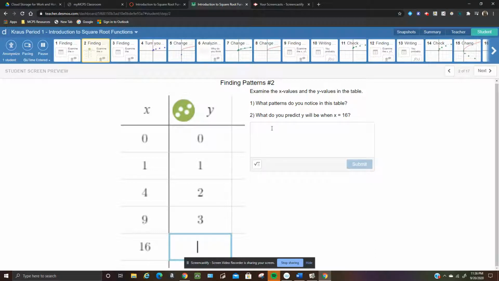What pattern do you notice in this table? The y values are the square roots of the x values.